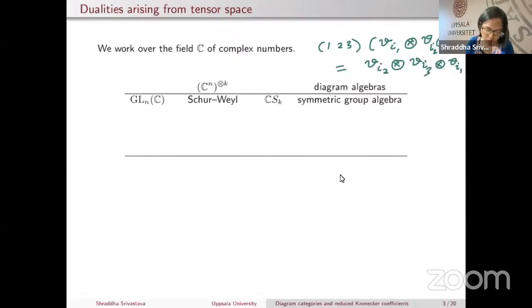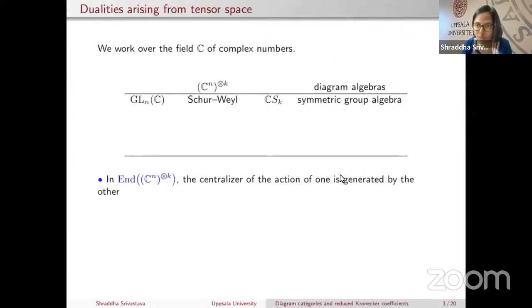So Schur looked at these two actions, and he showed these two actions commute with each other. Moreover, inside the endomorphism algebra of the full tensor space, they generate the centralizers of each other.